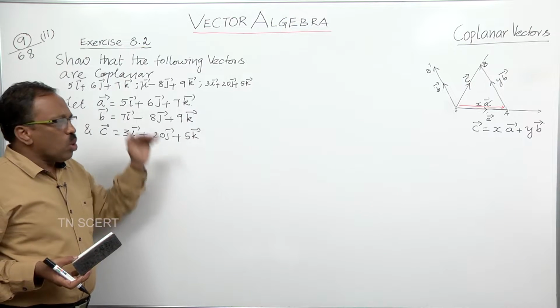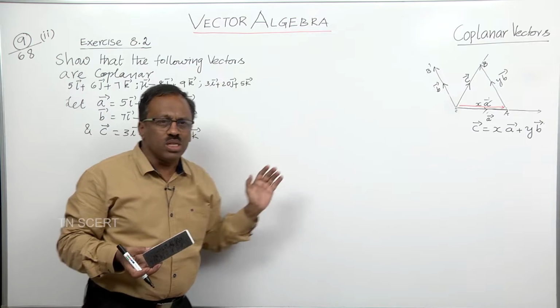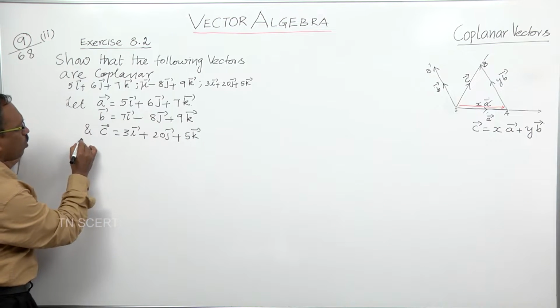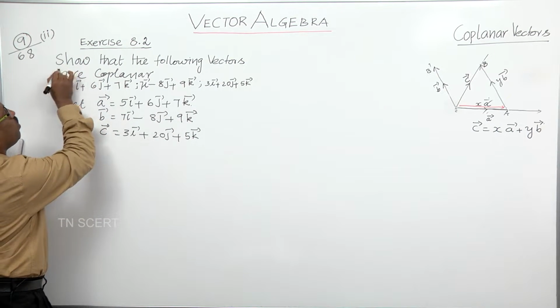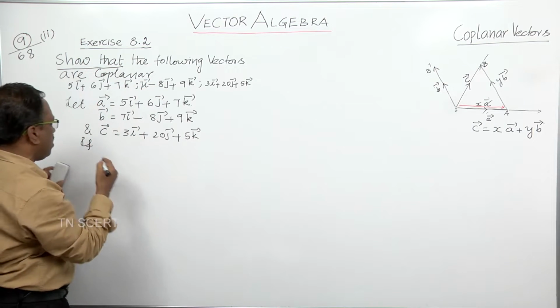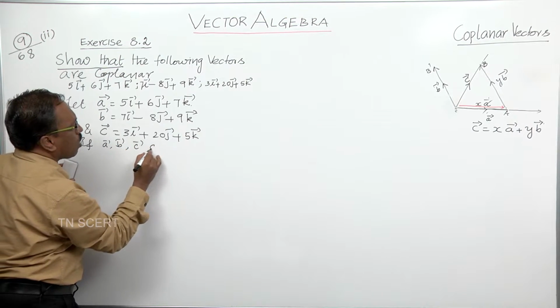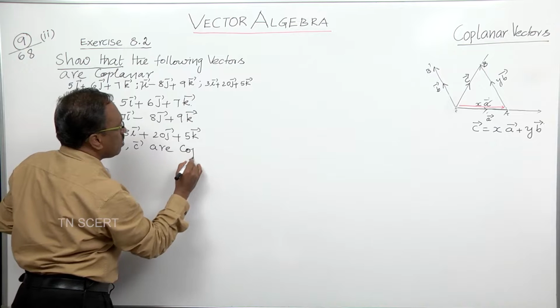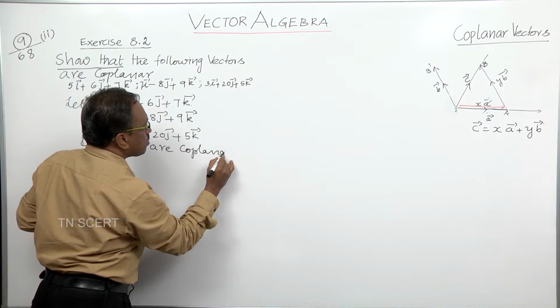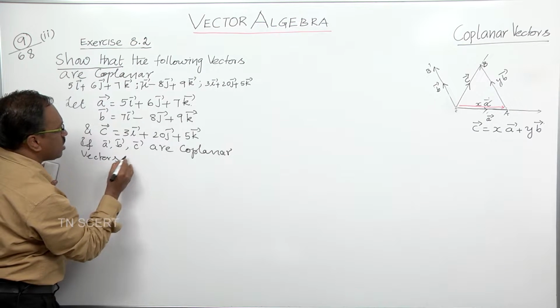So, based on the concept of coplanar, I am going to use this if 3 vectors are coplanar, because we want to prove the given vectors are coplanar. If A, B, C are coplanar vectors, so the result is what?